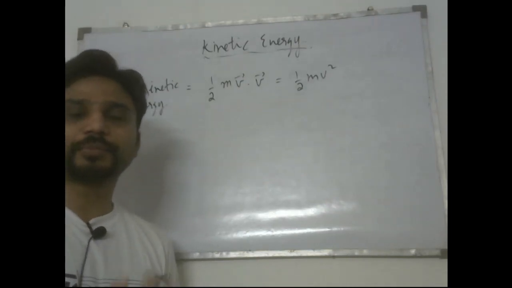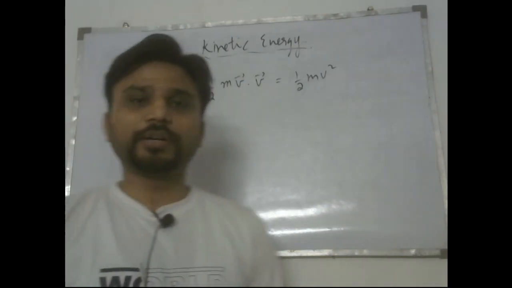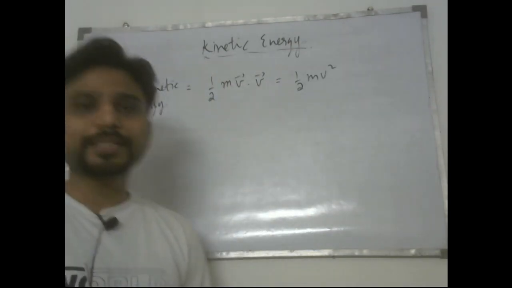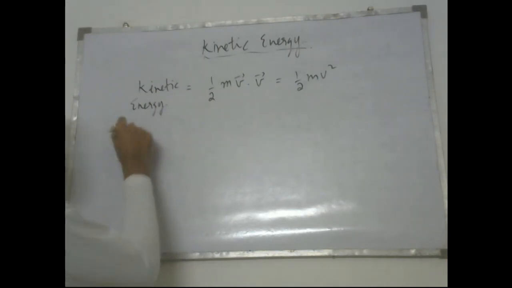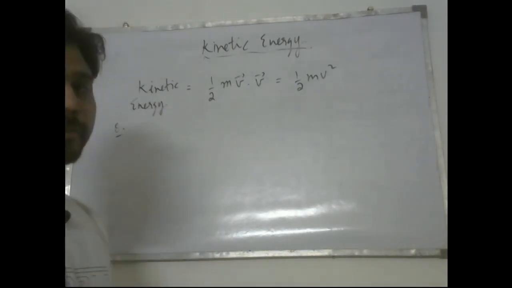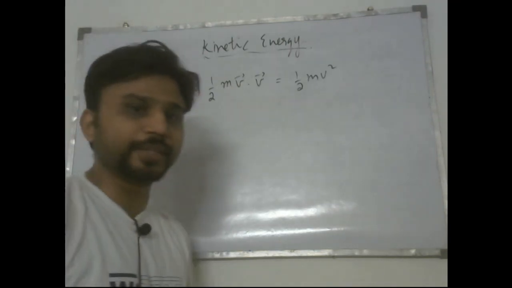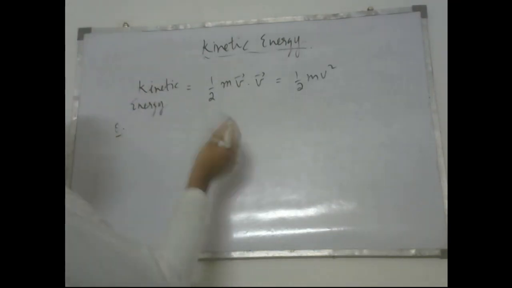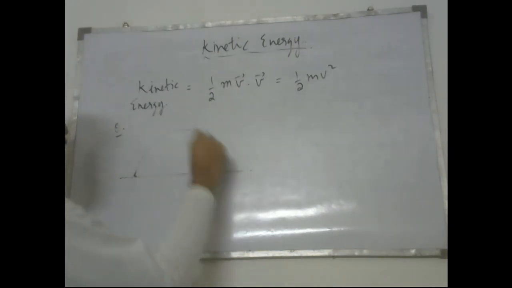So let us do some questions to demonstrate this simple expression which you already know. Let us take the first example, a question on a projectile. I have a projectile which I am projecting with some speed v on a horizontal plane or on ground.